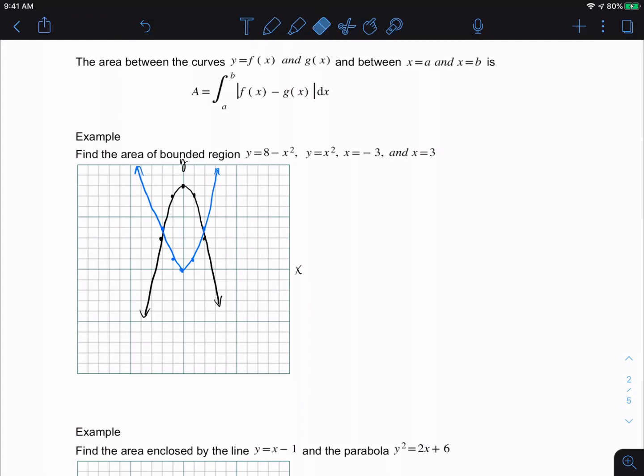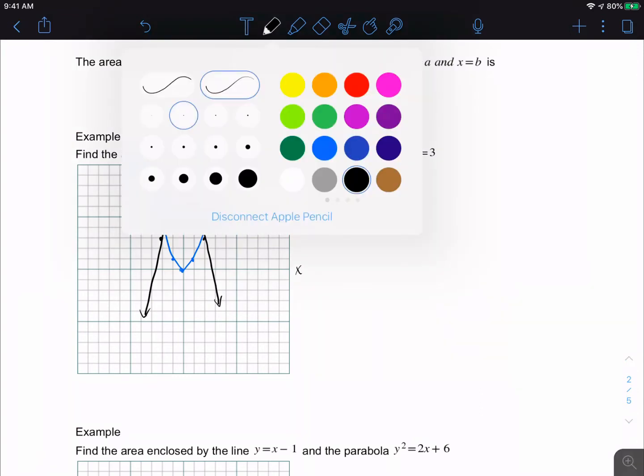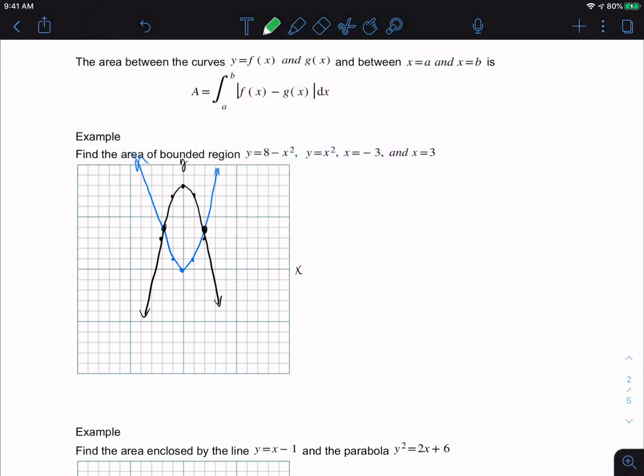Oh, that's terrible. This should actually be here, not at 3. My apologies. Okay, and then we have x is equal to negative 3, so I'll do that in a different color, in green.